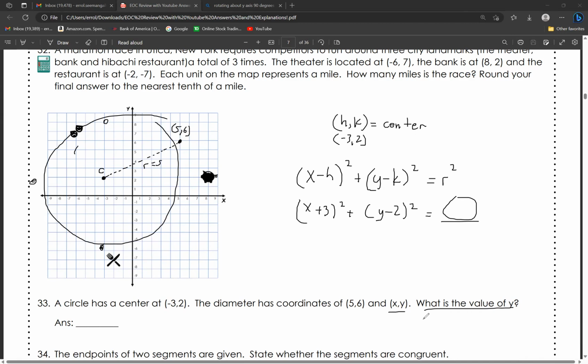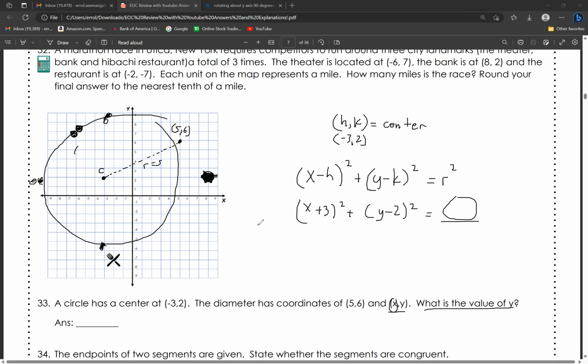Once we know the radius, it's either going to be directly above, directly to the left, or directly below the center. I'm thinking they should have given you this here, because then it could be this one, this one, or this one.